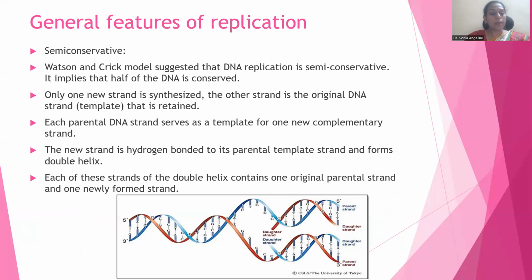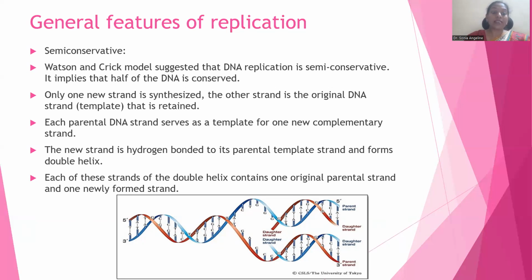It is also a semi-conservative mode of replication, where the Watson and Crick model suggested that DNA replication is semi-conservative, and it implies that half of the DNA is conserved. Only one strand of DNA is newly synthesized, and the other strand is the original DNA strand, which is the template, and that is retained. Each parental DNA strand serves as a template for one new complementary strand.